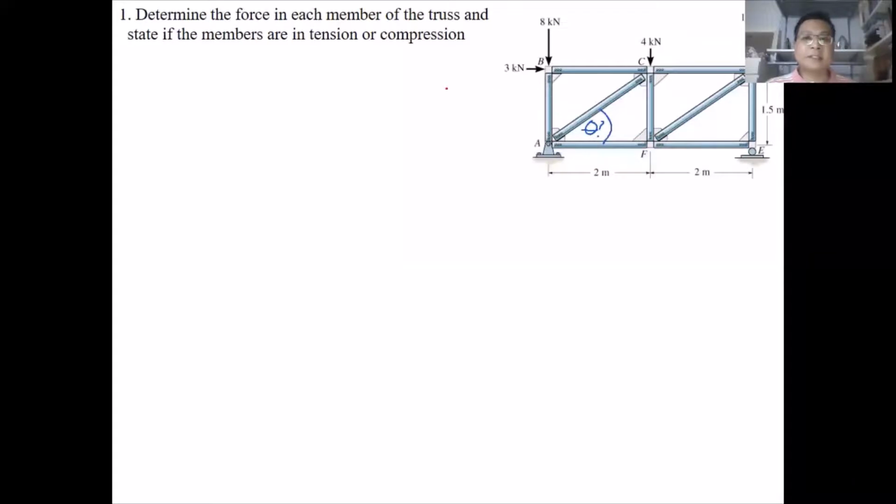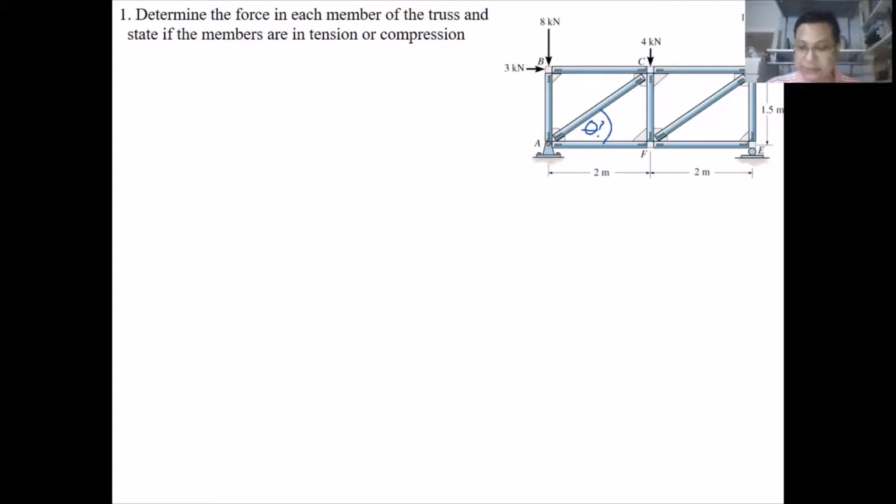After we finish finding the reaction forces from support A and support E, we can find the forces acting in joint B, and then go joint by joint to derive the force acting in each joint.